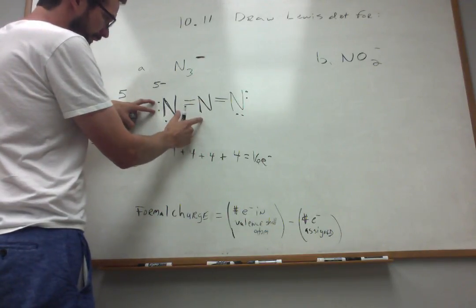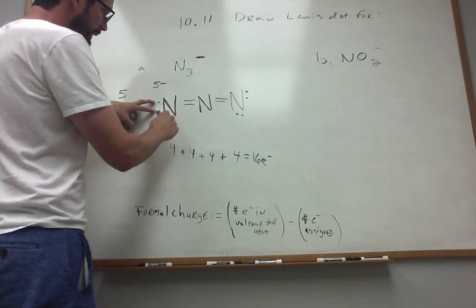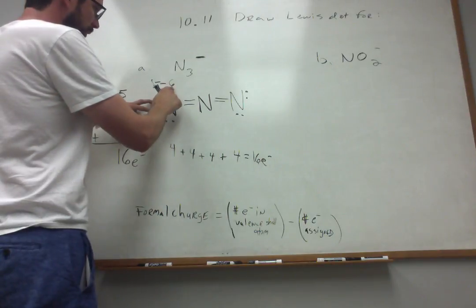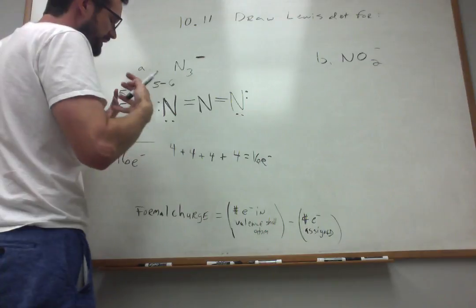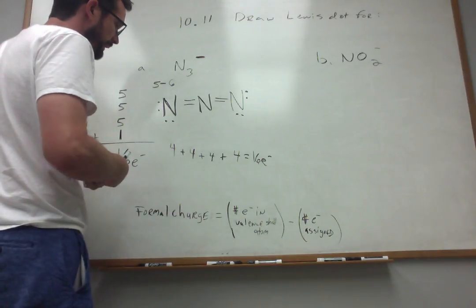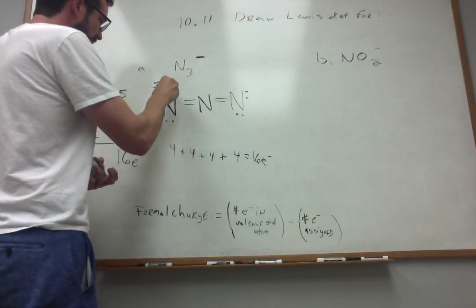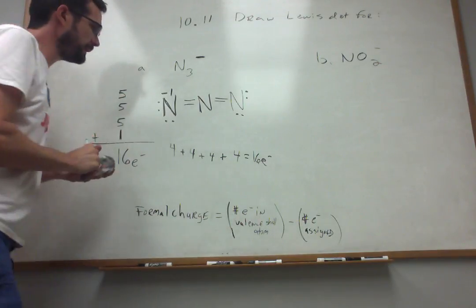Again, we're going to assume they're shared equally. So there's 4 here, so this one gets 2, this one gets 2. So it looks to me like this nitrogen has 6 electrons associated with it, if I'm going to assign electrons. Okay, so that means its formal charge in this structure has to be -1, 5 minus 6, right?